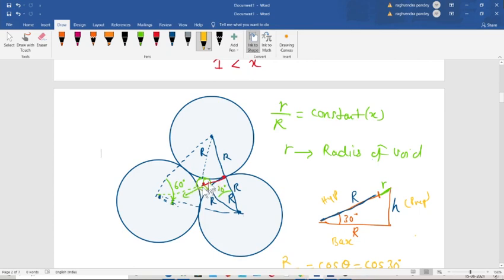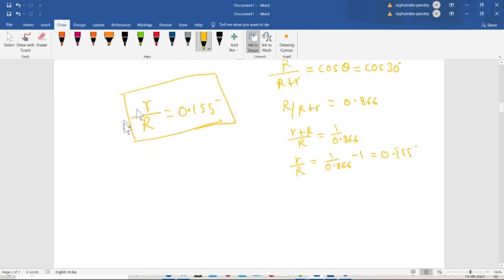Exact fit means if there are three big spheres and we want to fit some small sphere in the void, what should be the radius of the smaller sphere? That is the relative thing, called the radius ratio.